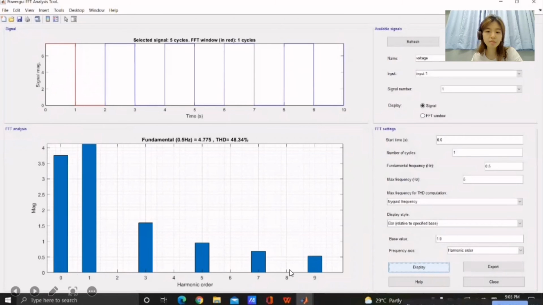And for the subsequent frequencies, the value only shows when the frequency is an odd number, which is 1, 3, 5, 7, and 9, and the value decreases.